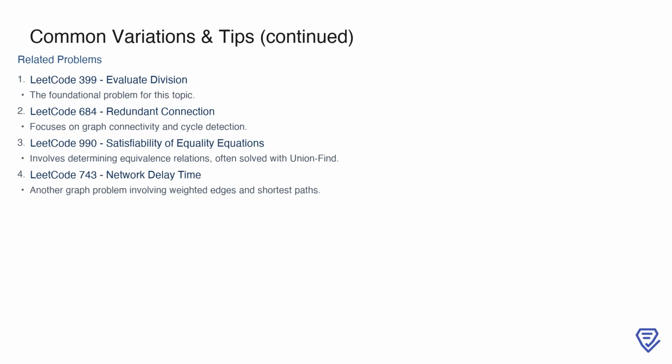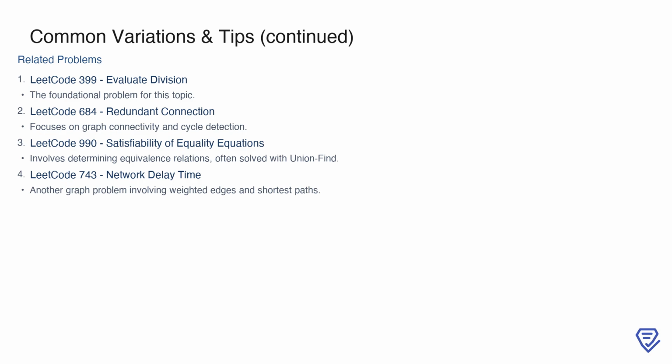To deepen your understanding of this topic, it's helpful to explore related problems. For example, LeetCode 399 Evaluate Division is the foundational problem that introduces these concepts. LeetCode 684 Redundant Connection focuses on graph connectivity and cycle detection, which are essential for understanding how to manage relationships between nodes.